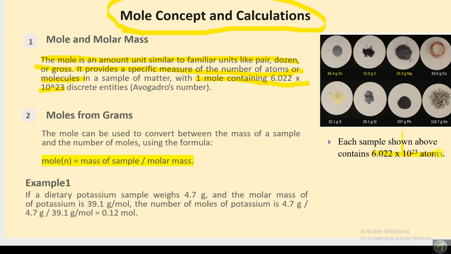So 65.4 gram of zinc has this many atoms. 12 gram of carbon likewise: molar mass of carbon is 12, 12 divided by 12 is 1 mole, which is this number. So assume the weight is 12 grams of carbon, in terms of atoms this is equal to 6.022 times 10 to the power of 23 carbon atoms. The same is true for the other atoms. So 1 mole is always associated with this number. Don't forget these things.